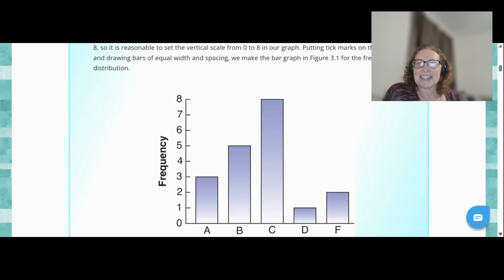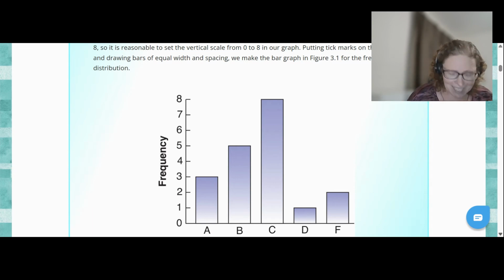And you can see here again, like you saw in the table, that 8 was the highest in C, and you can easily see that. Now, I know that it's kind of hard sometimes to judge that, and in your homework it comes out and you think it says one thing, but it doesn't come out that way correctly.